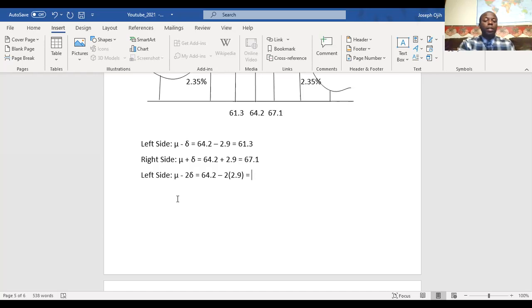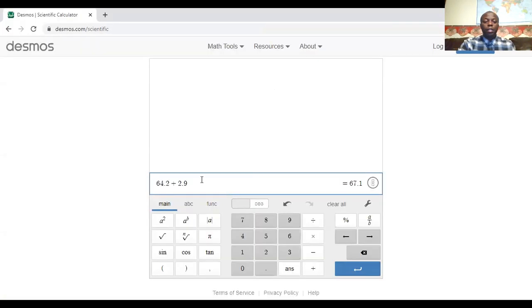So I'll take you to decimals. We got 64.2 minus 2 times the standard deviation of 2.9.